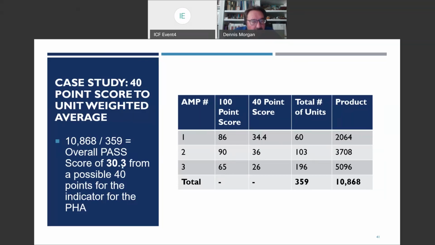So here I got 30.3. So the question is, could I also make high performing status for this agency? Could I? And the answer would be yes, it's possible. How would I do it? Well, I'd have to be perfect under my capital and get my 10 points there. I would have to be perfect under my management, getting my 25 points there.